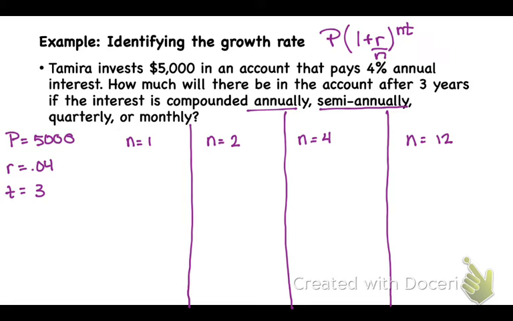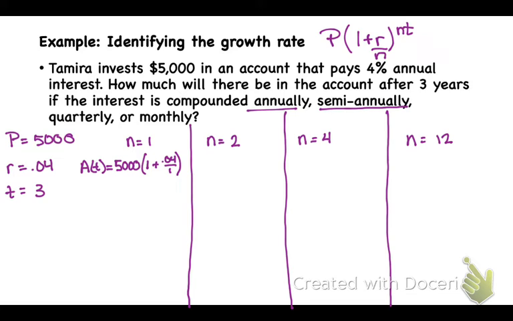4. So the first one, we're going to have A of T equals 5,000 times parentheses 1 plus 0.04 over 1, to the 1 times T. What's T? 3.